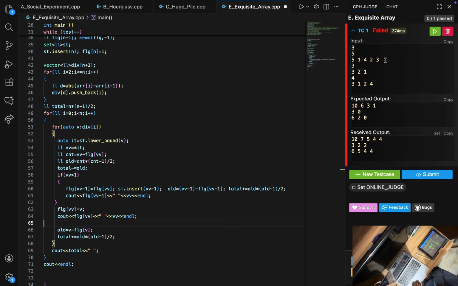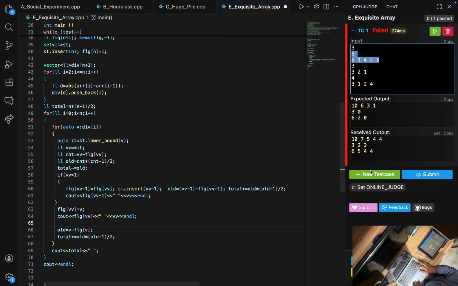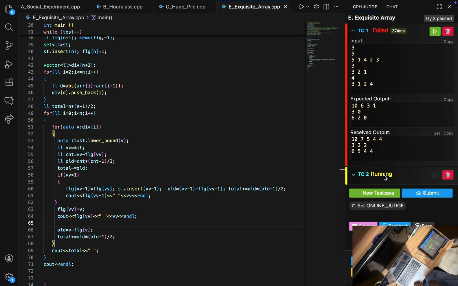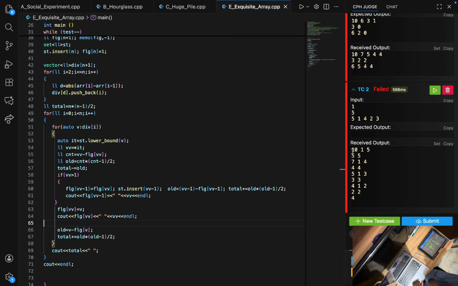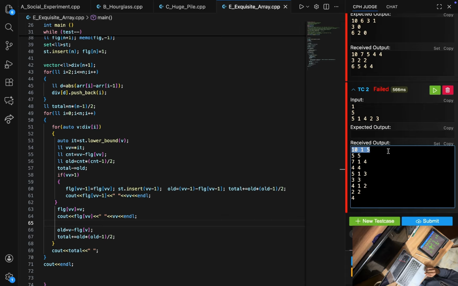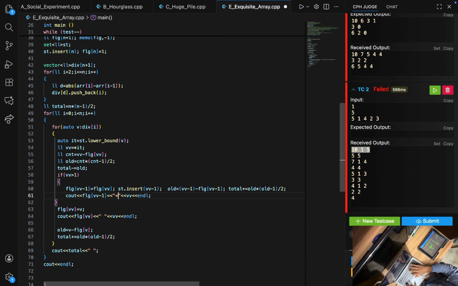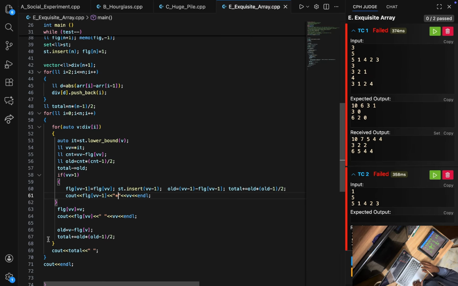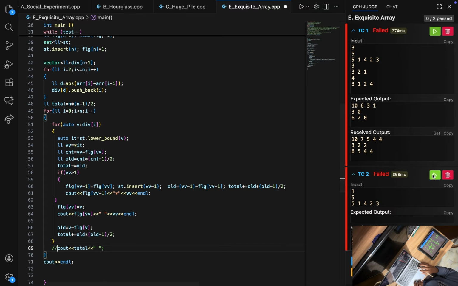Looks nice. Okay, let's stop printing this one.